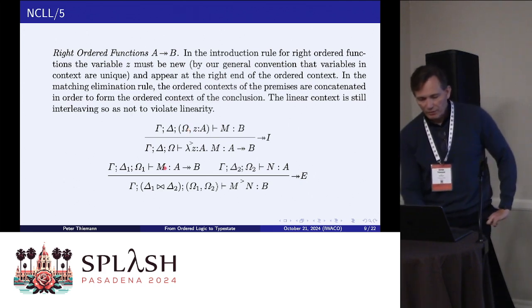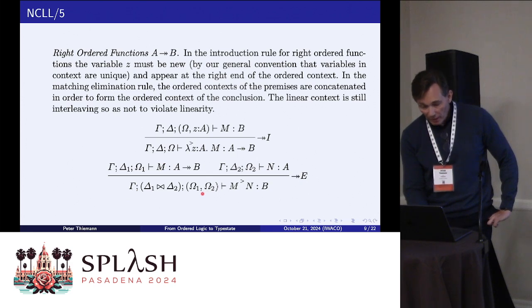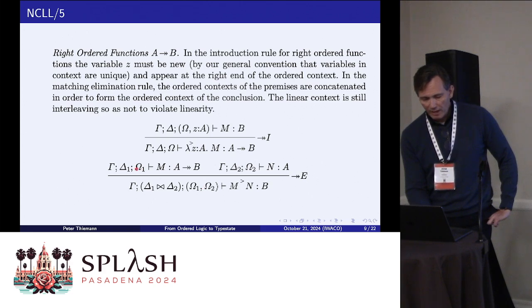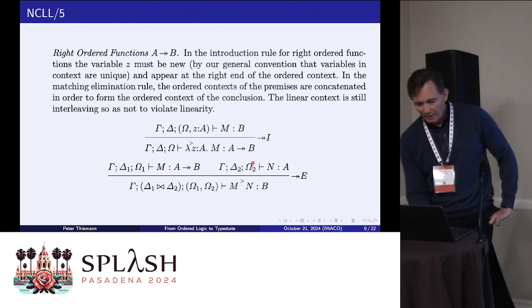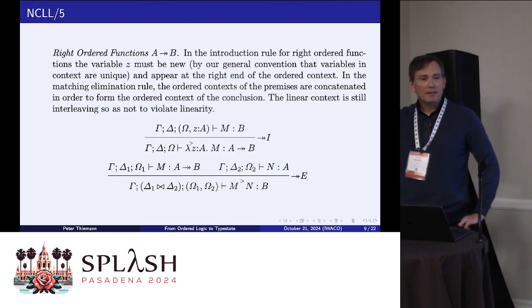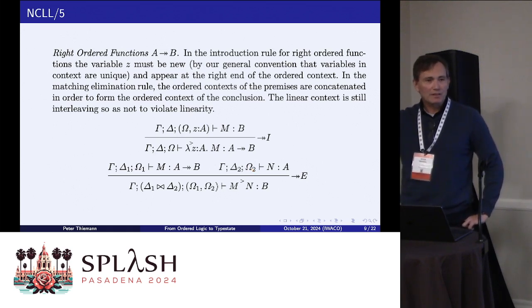Right, and similarly, if you invoke such a function, then you are allowed to split the ordered context somewhere in the middle. You can derive the function with one half. You can derive the argument with the other half. And notice here, the argument has to be derived with the second part, the later part of the assumptions.